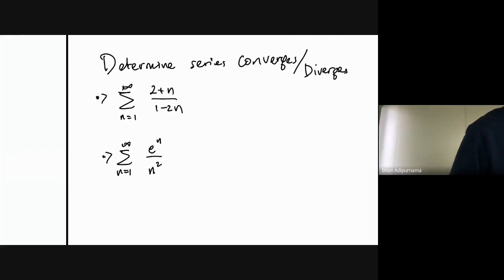You have this series: the first one is (2 plus n) over (1 minus 2n), and the second one is e to the n over n squared.